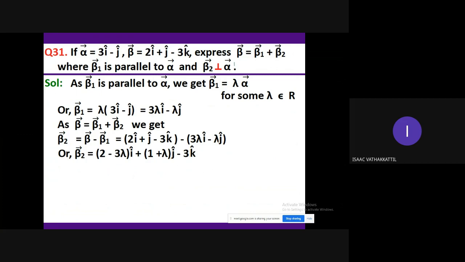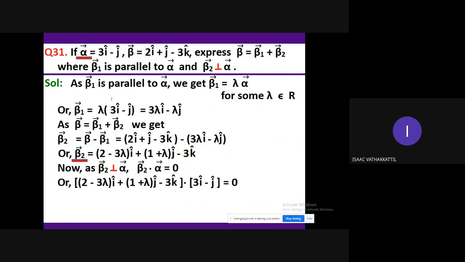Now it is given that beta 2 is perpendicular to alpha, or beta 2 dot alpha will be 0. You know, two vectors are perpendicular when their dot product is 0. Alpha is 3i minus j, and beta 2 is here.